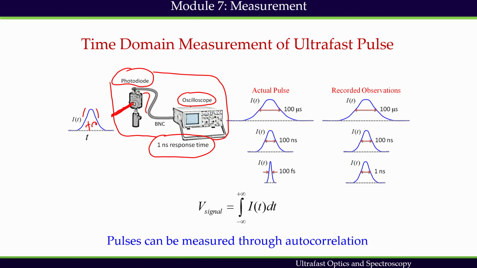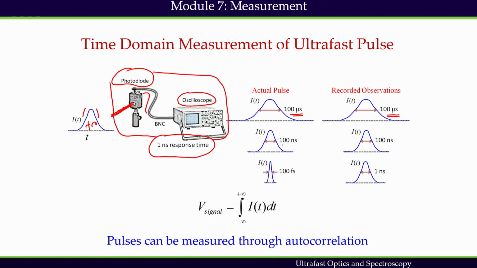Let us say that we are directing a beam of 100 microsecond pulse to the photodiode, then we will be able to immediately record the intensity profile of 100 microsecond, because response time of the detector is nanosecond, much faster than the pulse duration.